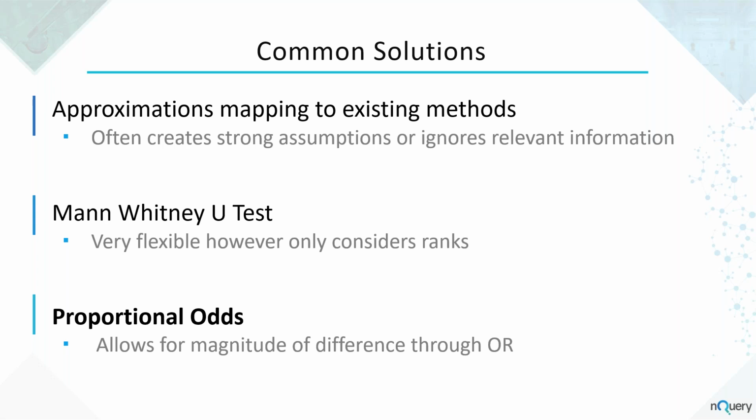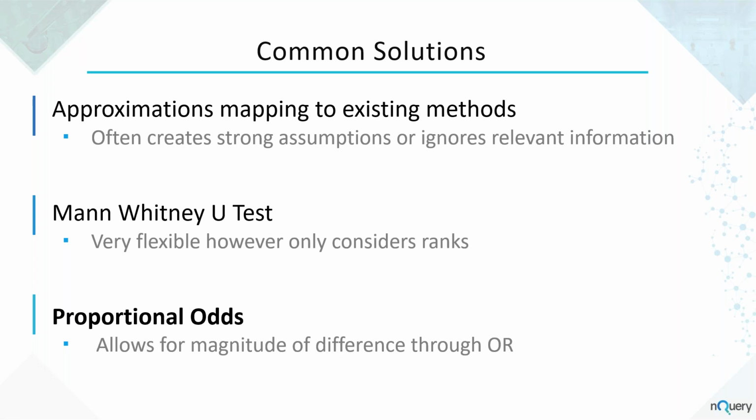So as you can imagine, this is a very flexible method, quite broad in terms of its applicability. However, you are only considering the ranks within this type of analysis. So you could argue that it's sort of ignoring the magnitude of any underlying differences. But once again, it is quite flexible.